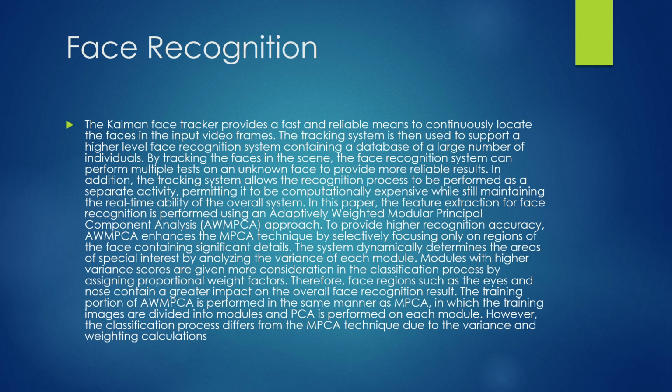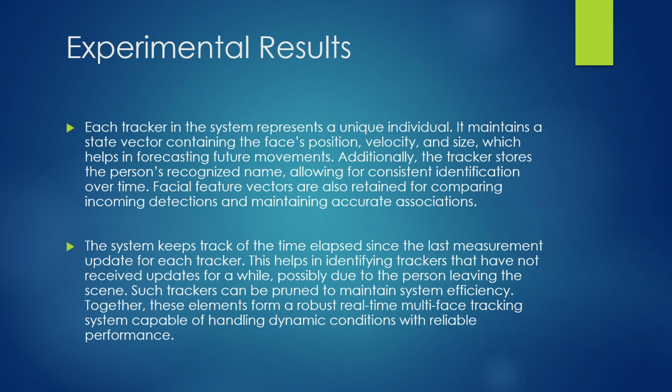Talking about the experimental results, each tracker in the system represents a unique individual. It maintains a state vector containing the face's position, velocity, and size, which helps in forecasting future movements.